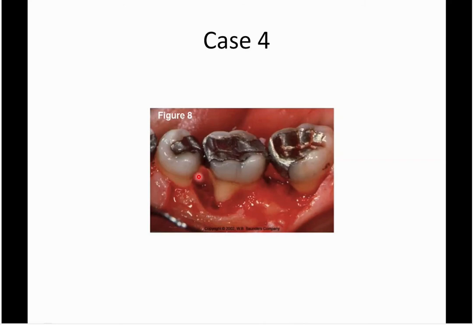So here, we may even want to incorporate biologics to aid or enhance the outcome. Whereas the defect between the two molars could be corrected just with osseous surgery. But this we could try to graft as well.